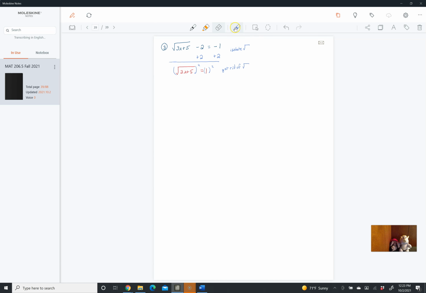That's going to give you 3x plus 5 equals 1. Here we can subtract 5 from both sides, because now we're solving for x.